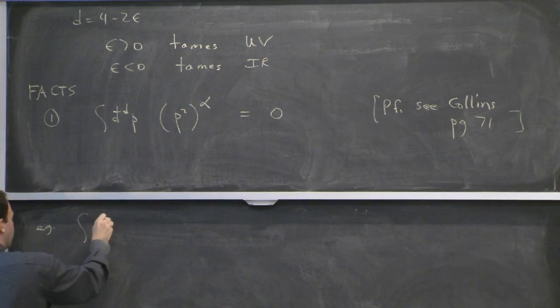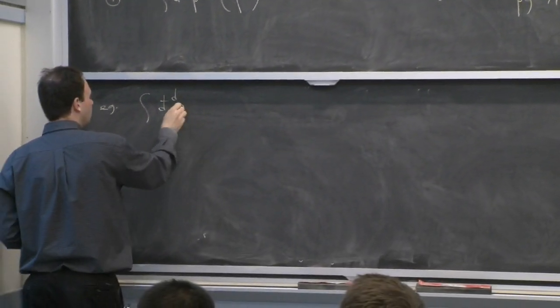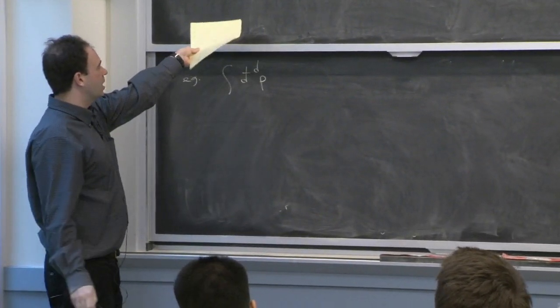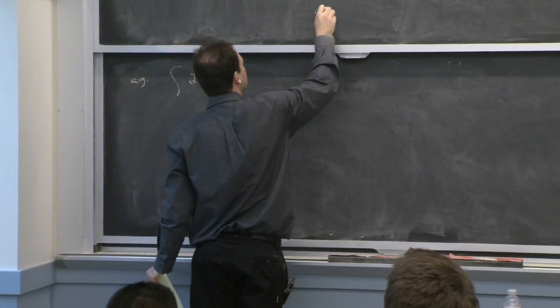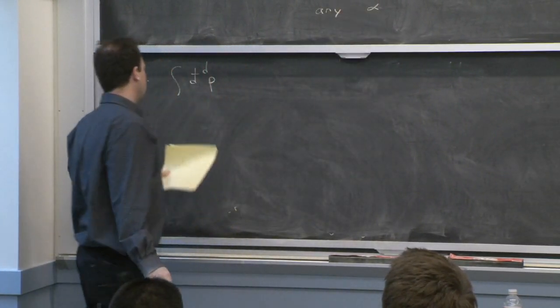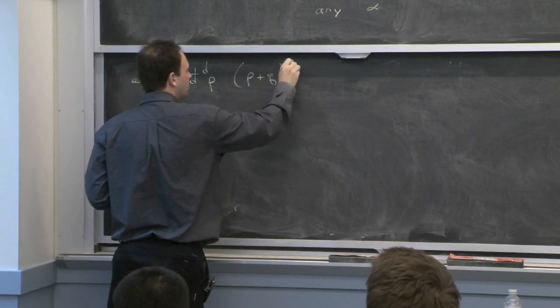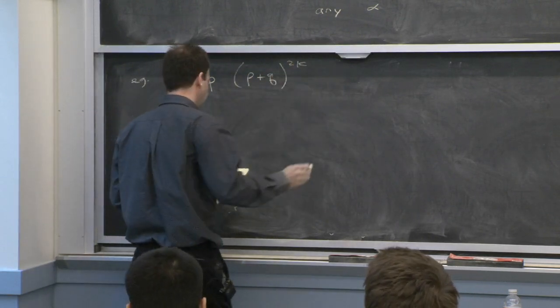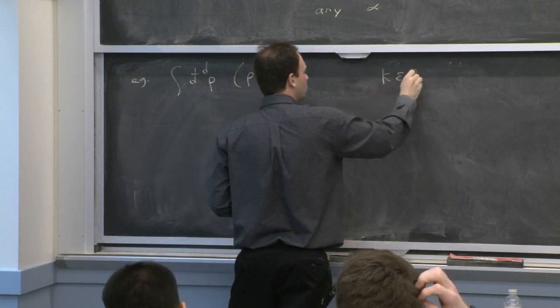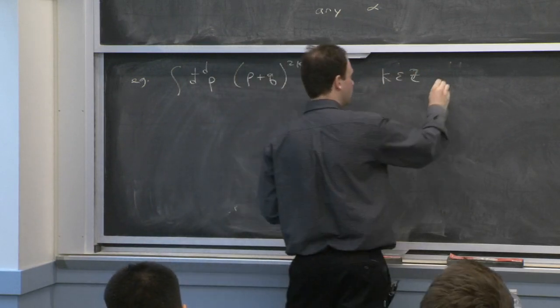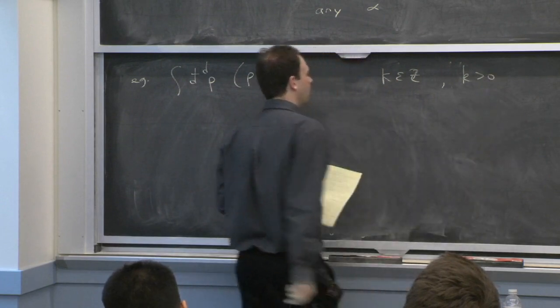So let's consider a special example that won't be enough to prove it for arbitrary alpha, but at least will be enough to prove it for integers. So we'll consider k's that are integers, greater than 0.